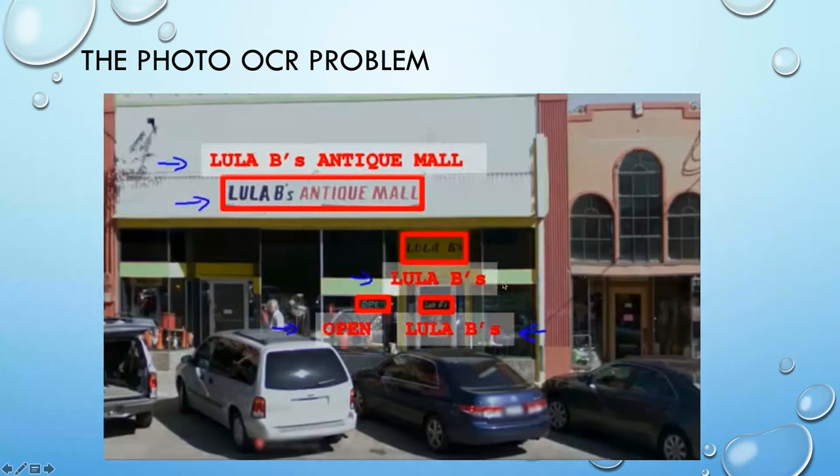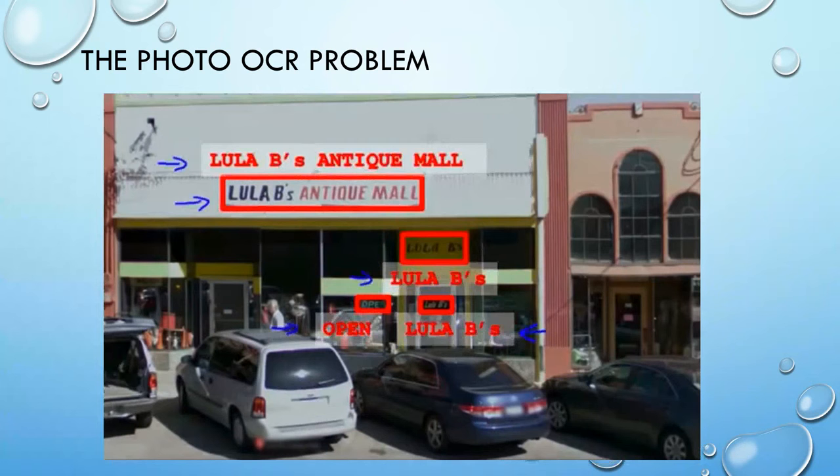So actually this photo OCR machine learning problem is more difficult than the scanned document. If you have a scanned document, recognizing those characters is much easier because it's more clear and easier to recognize.